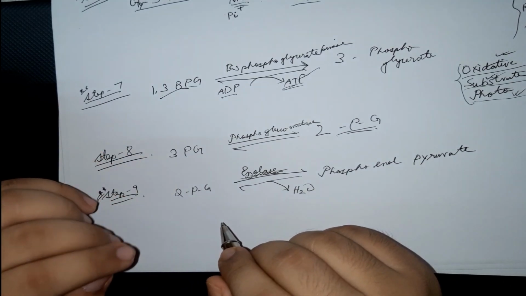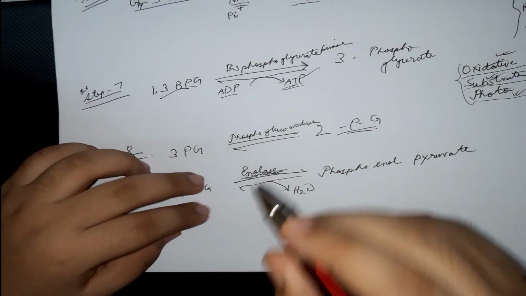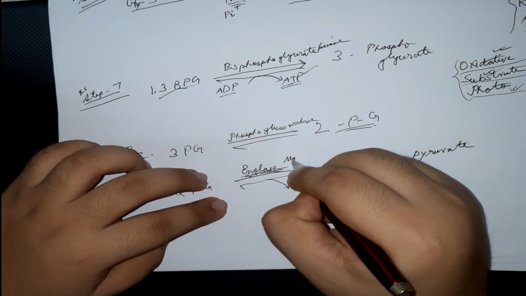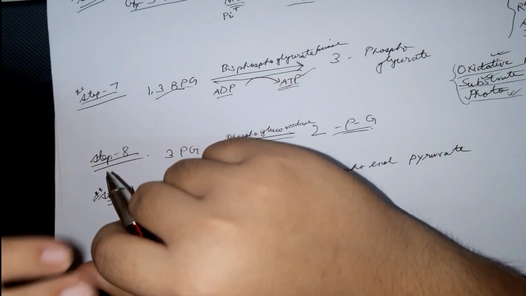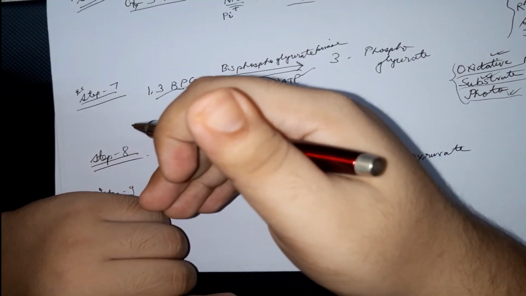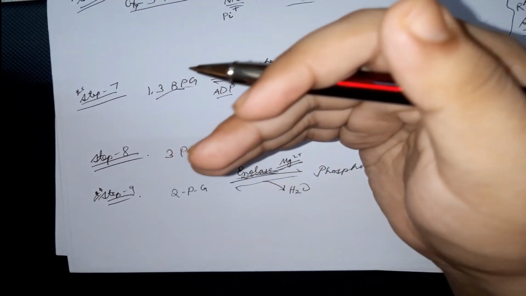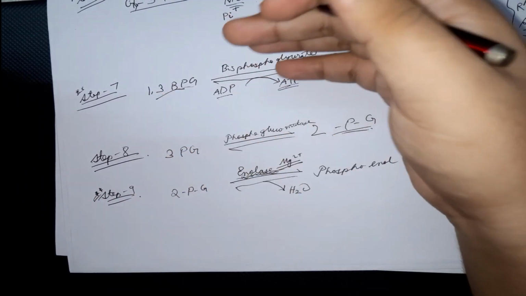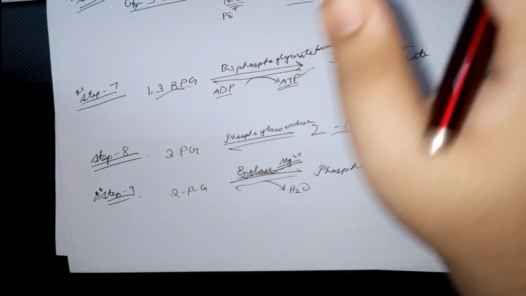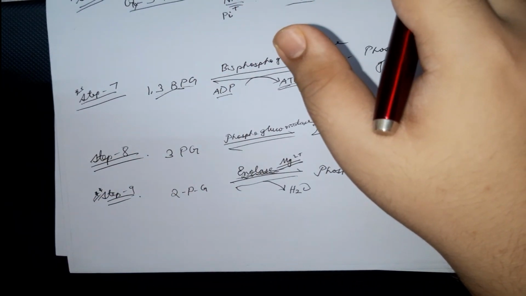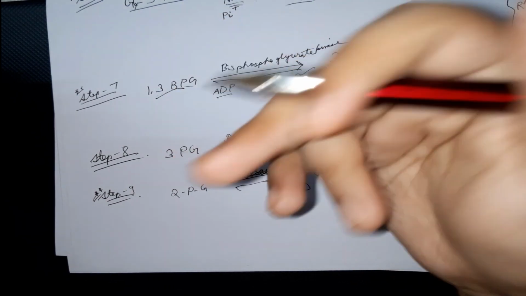this enzyme is very distinct, because enolase requires magnesium ions. Now I have already said that almost all the kinase enzymes in glycolysis require magnesium ion. Not only in glycolysis, kinases as an enzyme group require magnesium as cofactor, right? I had already also talked a little bit about why they require that.